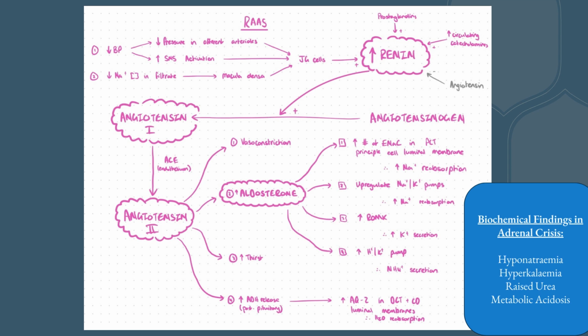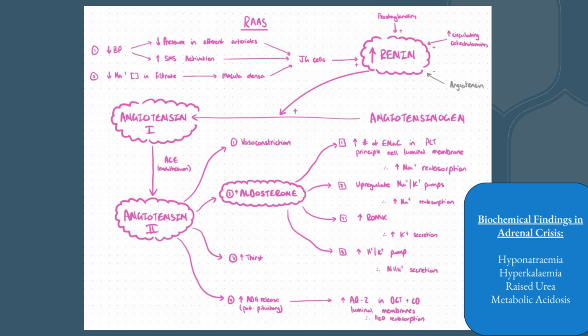Angiotensin 1 is converted to angiotensin 2 by the angiotensin converting enzyme, which primarily takes place on the pulmonary endothelium. Angiotensin 2 then has 4 major functions, one of which is increasing the production of aldosterone.